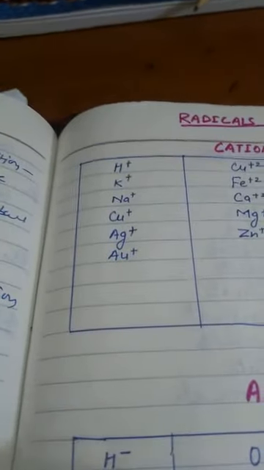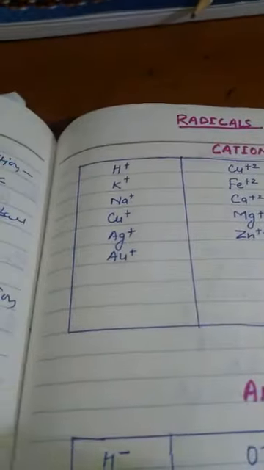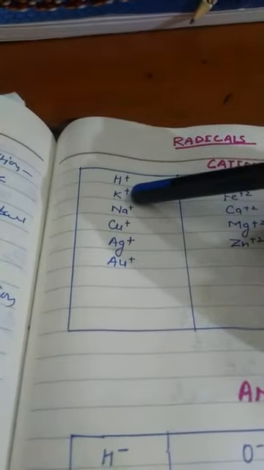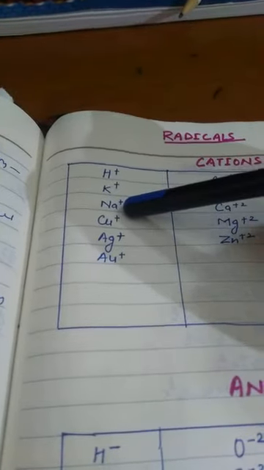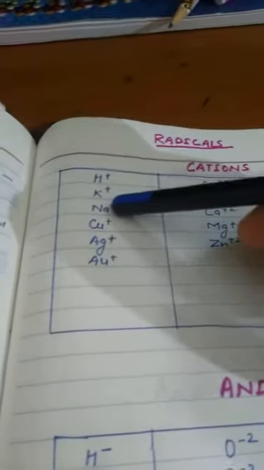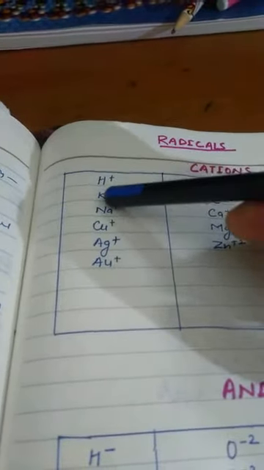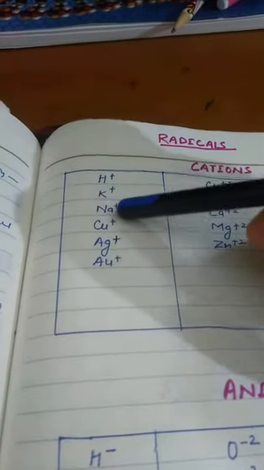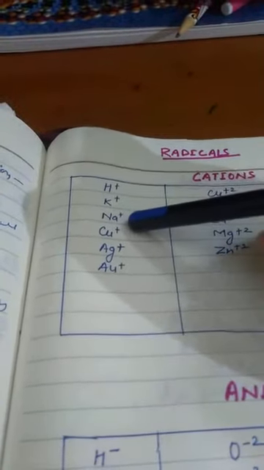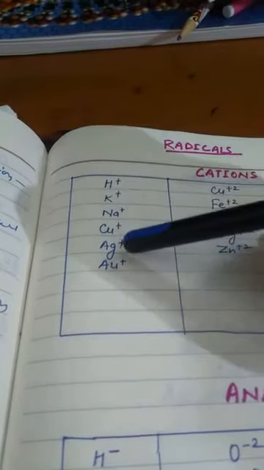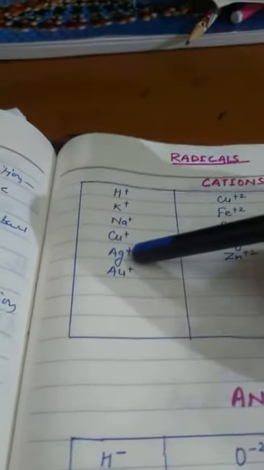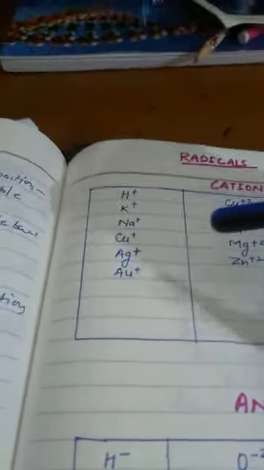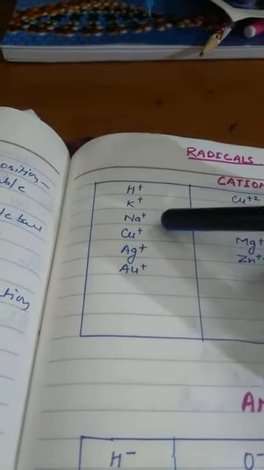Okay. Now how to learn the rest of the ions? You know that in the reactivity series, potassium is highly reactive, and after potassium comes sodium. So first we will write the first 2 highly reactive elements, potassium and sodium, and put a plus charge on them. Now in the reactivity series, at the bottom you can see copper, silver and gold, the least reactive elements.